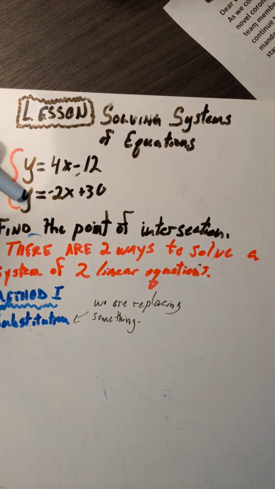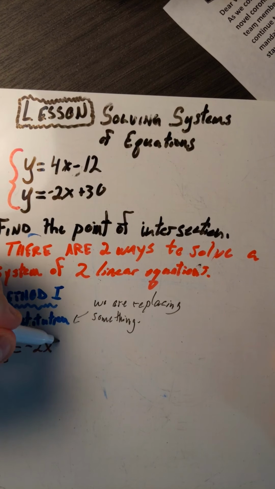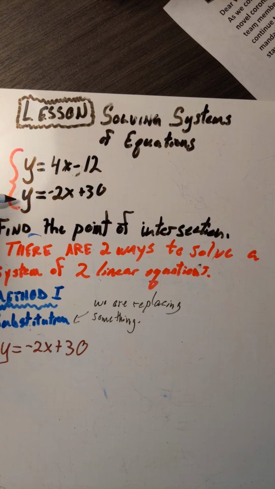All right, so we're going to start off by writing this second equation as is. Let me change up the colors so we have something to look at. So here is our initial equation. We have y equals negative 2x plus 30. So that's that second equation. All we've done is copy it down. All right, our next step, so this is what we are doing.